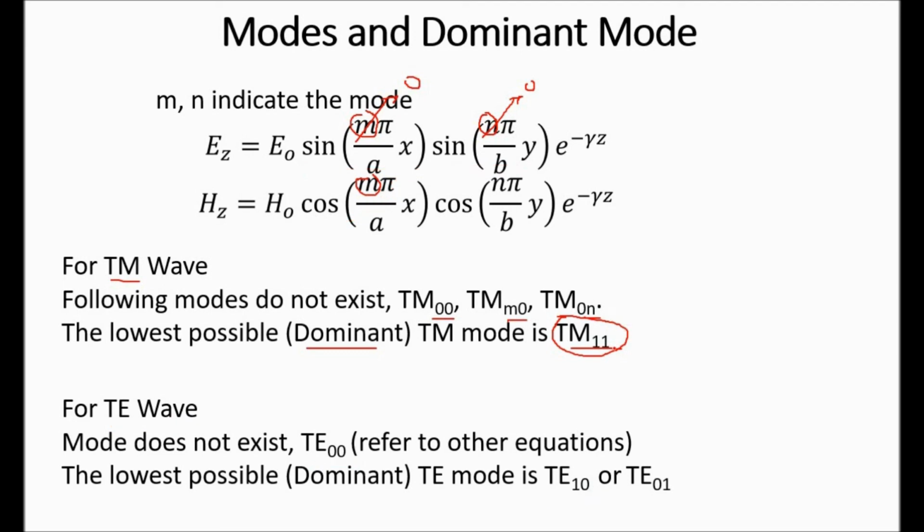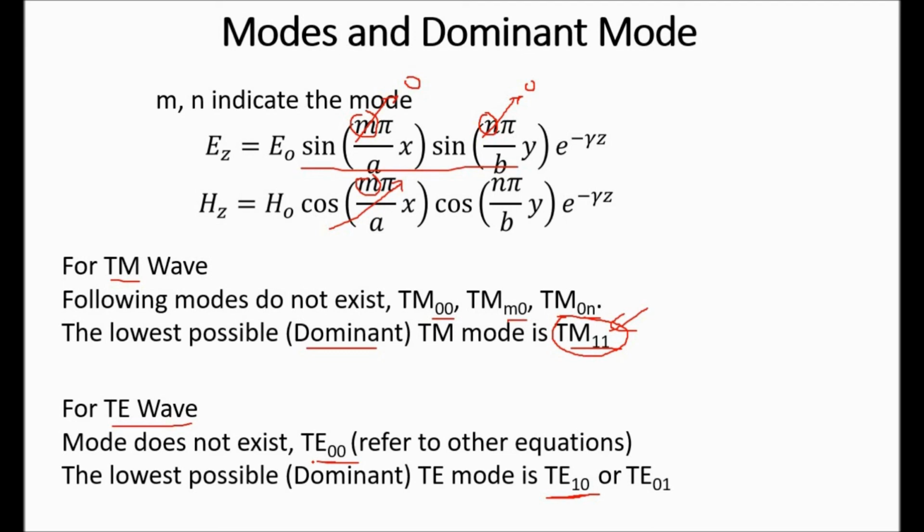But for TE waves, the dominant mode or the lowest possible mode could be 1 0 or 0 1, but TE 0 0 is not possible. For TE mode there is no z component of electric field, but for TE waves Hz has a cosine function.